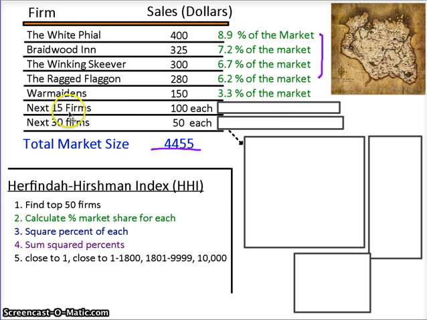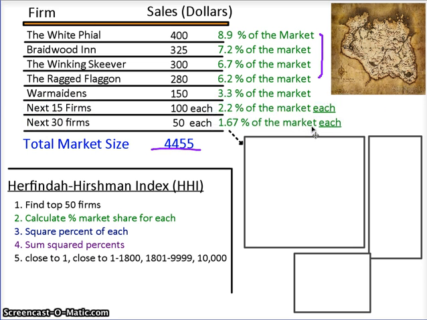Then for the next 15 firms, it's going to be 2.2% of the market for each of those 15 firms. So 2.2%, 15 times. And then you do the same thing for the next 30 firms. Each is 1.67% of the market, 30 times. Okay, so that's step 2 down here.